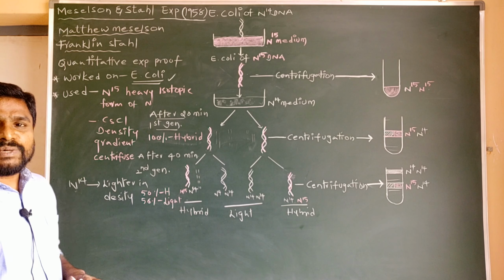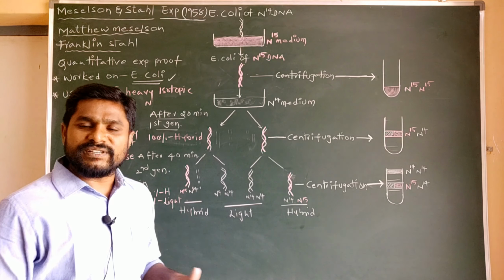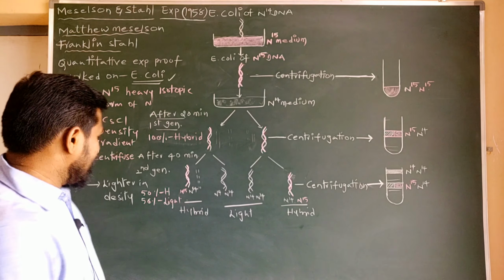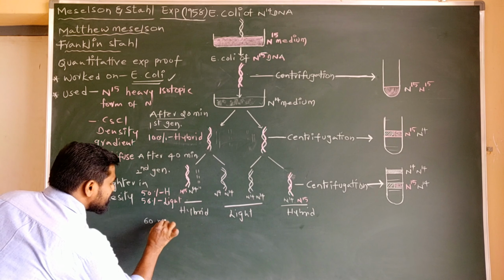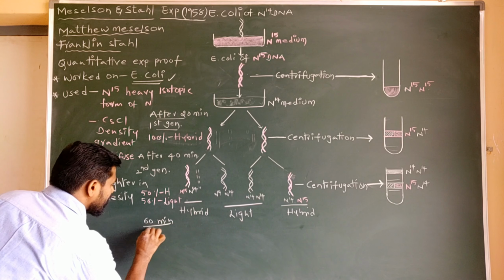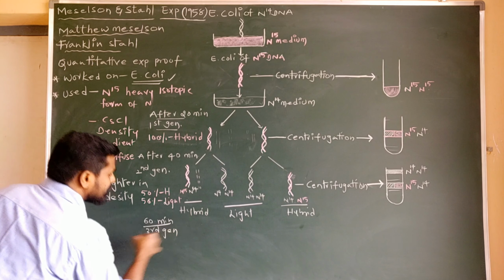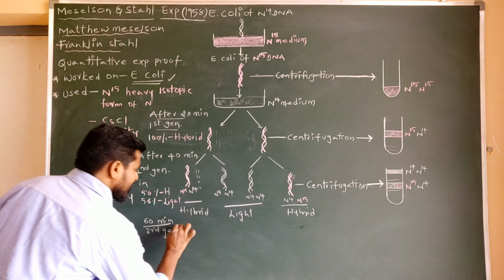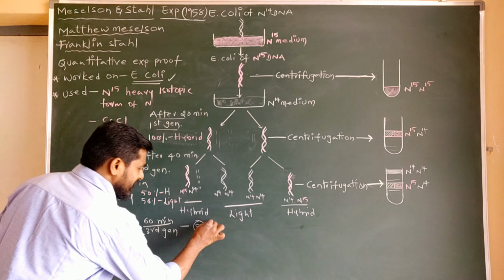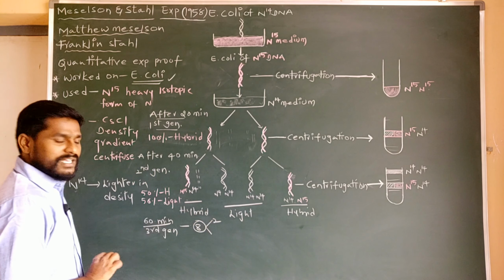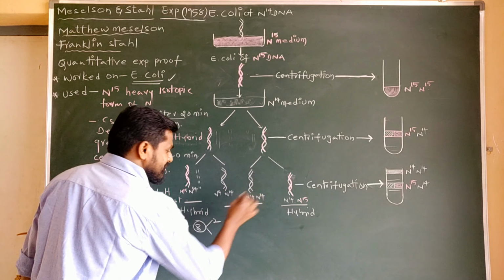They continued their experiment for about third generation and fourth generation also. In third generation, what happened? Third generation, it takes about 60 minutes. After 60 minutes, they got third generation. In this third generation, they got how many cells? 8 E. coli cells. Among these 8 E. coli cells, 2 E. coli cells are having what?